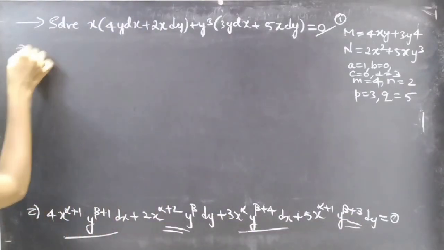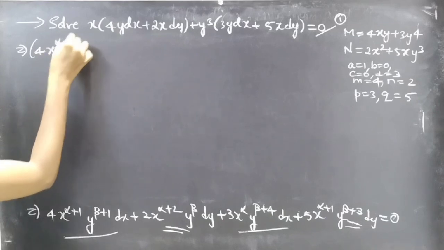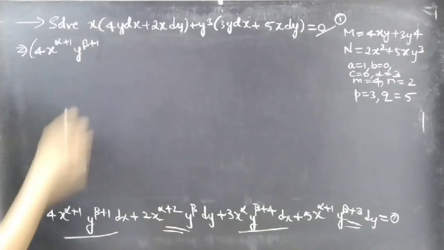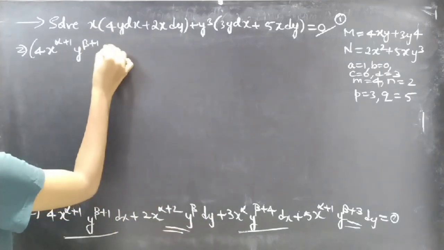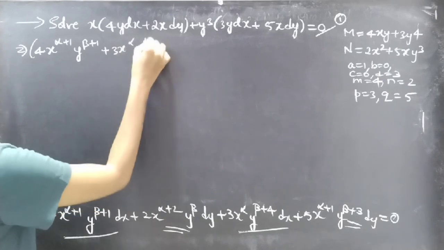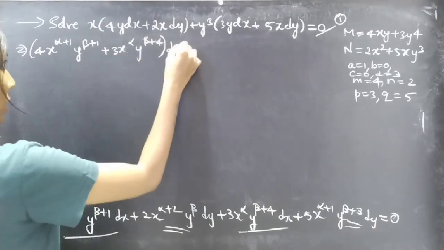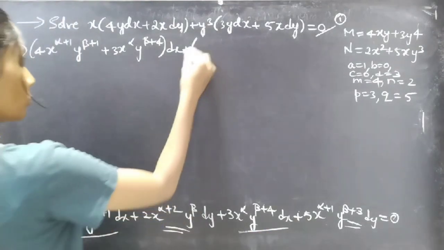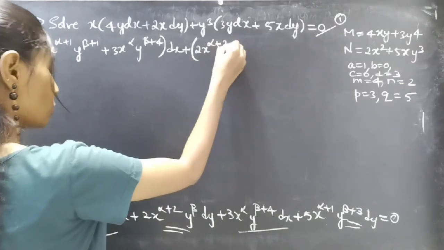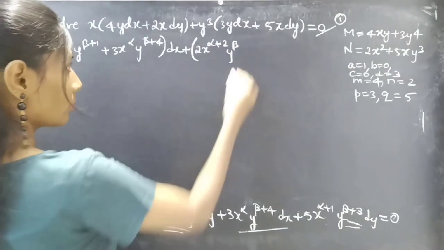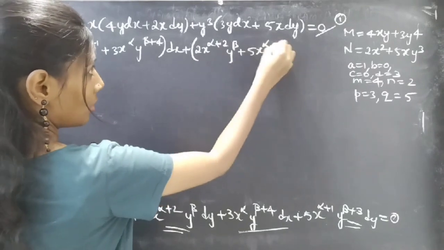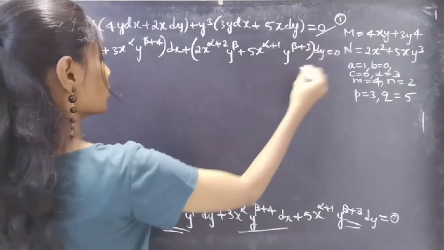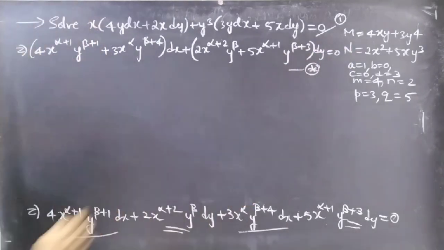We'll get (4x^(α+1) y^(β+1) + 3x^α y^(β+4)) into dx plus, taking dy common from these two terms, we'll get (2x^(α+2) y^β + 5x^(α+1) y^(β+3)) into dy equal to 0. Consider this equation as equation asterisk.